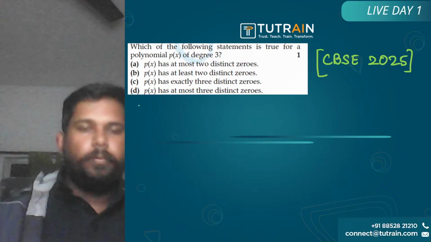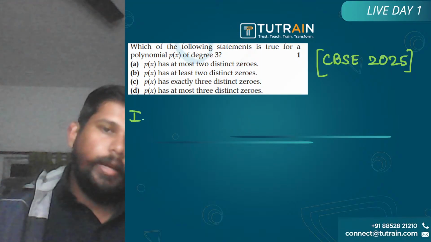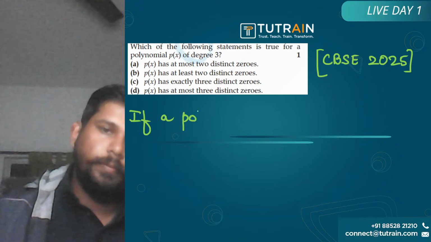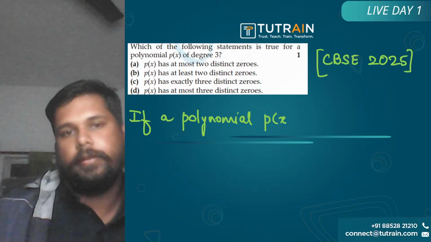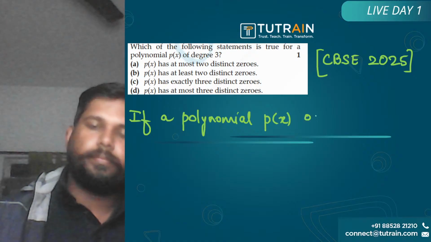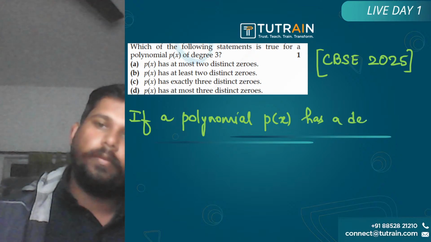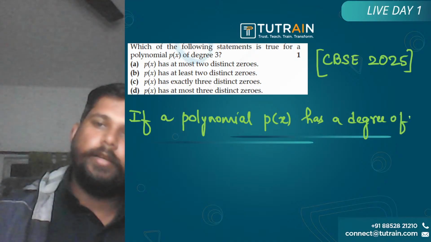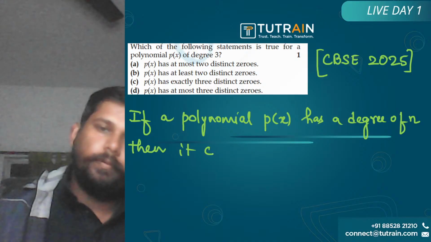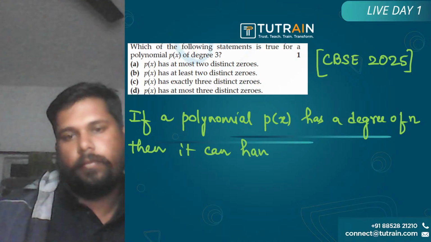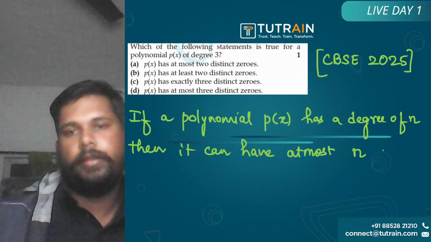Now here we know that if a polynomial p(x) has a degree of n, then it can have at most n roots, meaning n zeros.